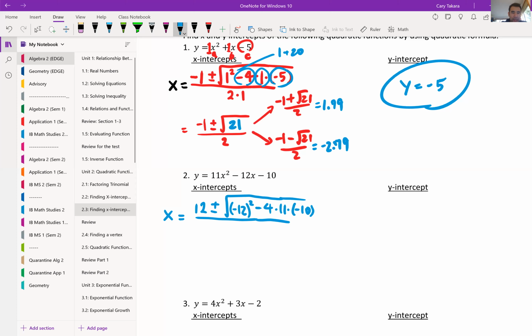So A in this case is 11, right? And B is negative 12, right? And then the C is negative 10. Is everybody clear on that? Again, A, B, C are all the coefficients, all just a number, okay? Over 2 times 11.